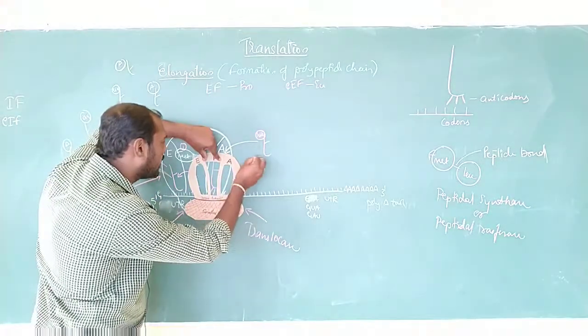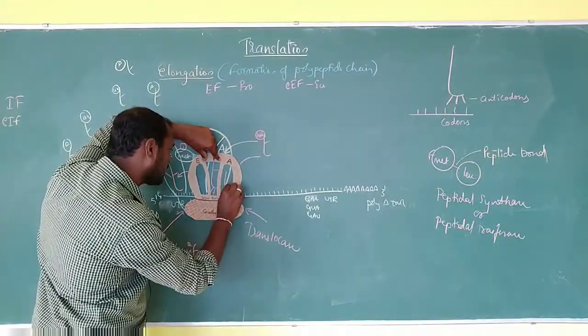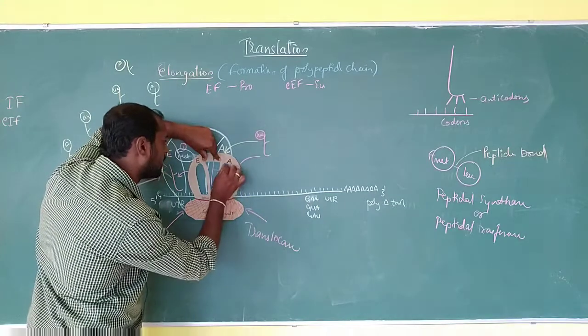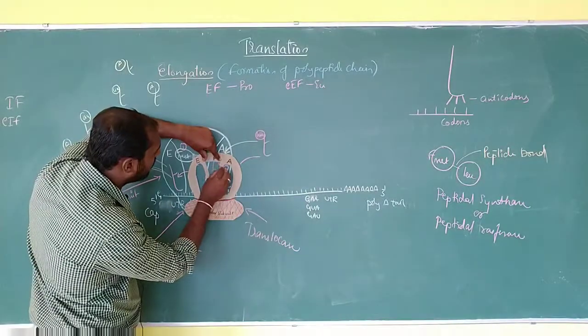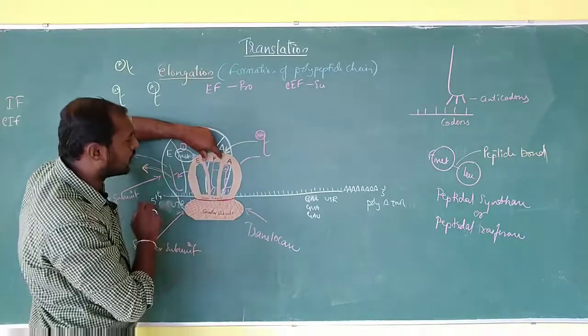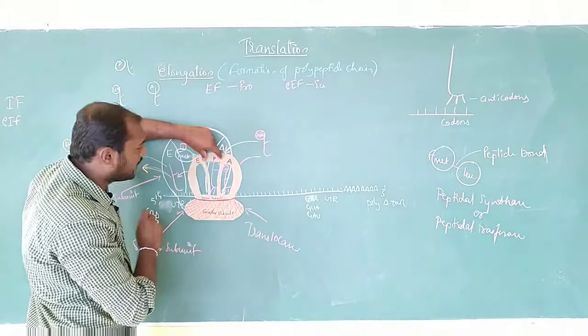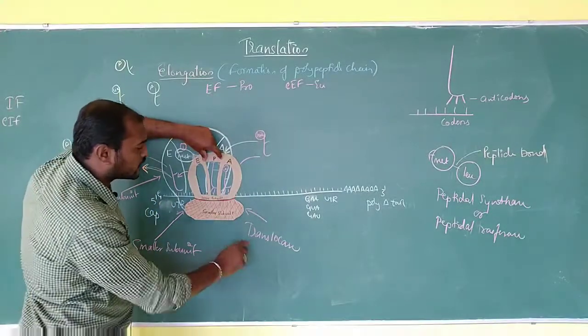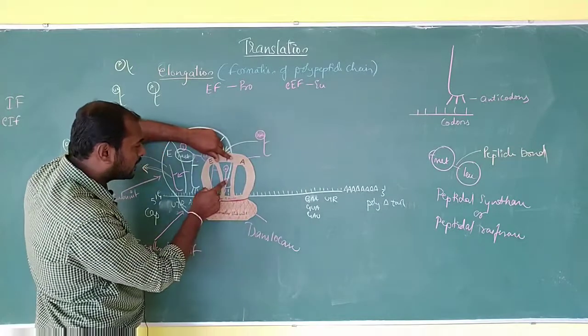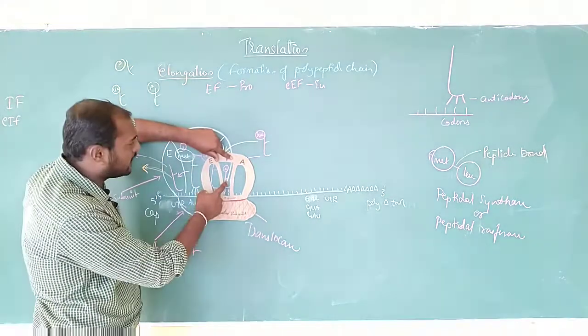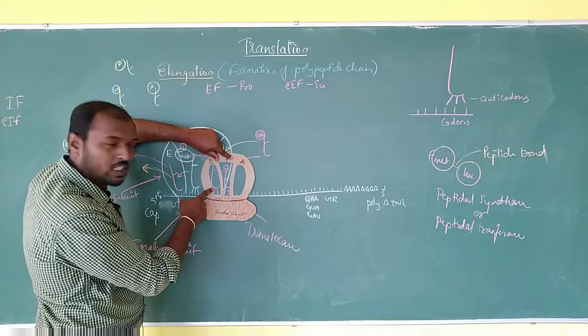Again a new tRNA is going to accumulate here with a new amino acid, and it is going to form a bond with the amino acid already present in the P site, and after that this translocase is going to push the tRNA next. Again the tRNA present in the P site is going to reach the E site.